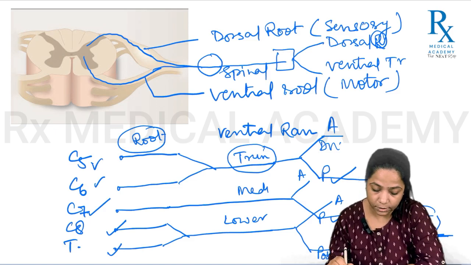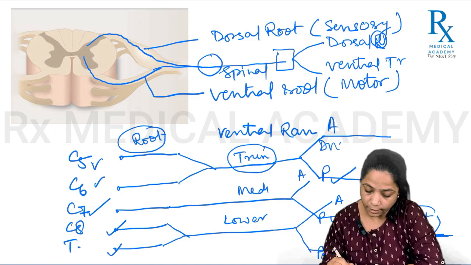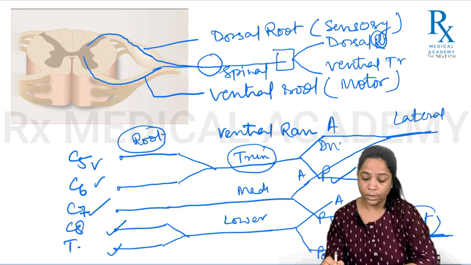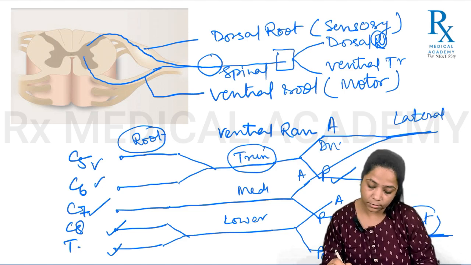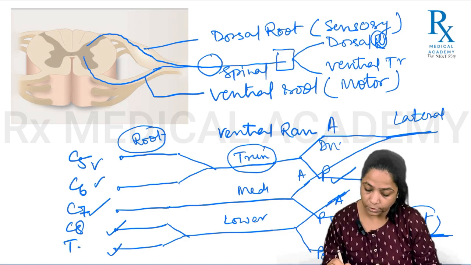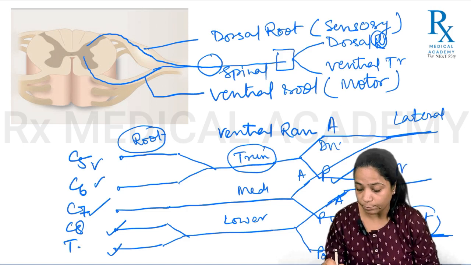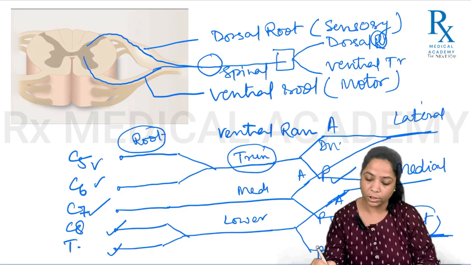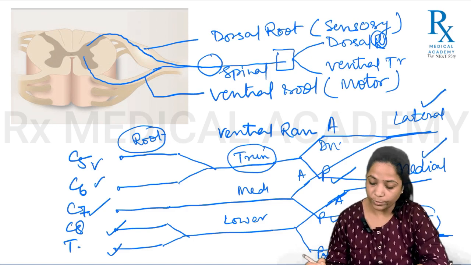The anterior divisions of the upper trunk and the middle trunk unite and form the lateral cord. And the one that is left is the anterior division of the lower trunk. It continues as the medial cord. So we finally have three cords: the lateral cord, the medial cord, and the posterior cord.